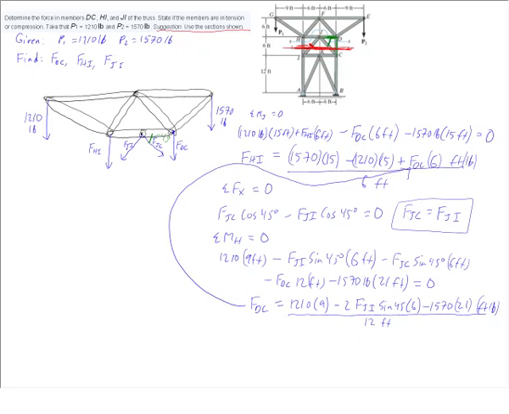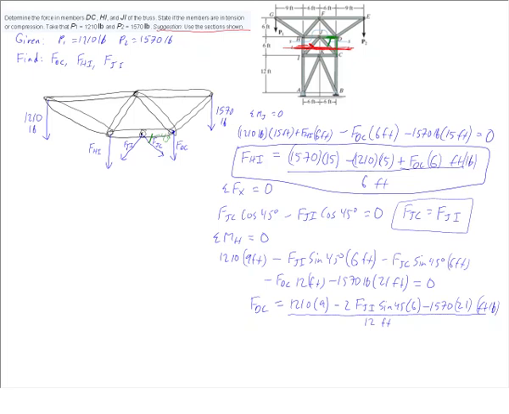All that would give us is FHI in terms of FJI. That doesn't move us along. And we should expect this, because we had 4 unknowns and only 3 equations. We now have those 3 equations, 1, 2, and 3. And so that's all we can do with this free body diagram.